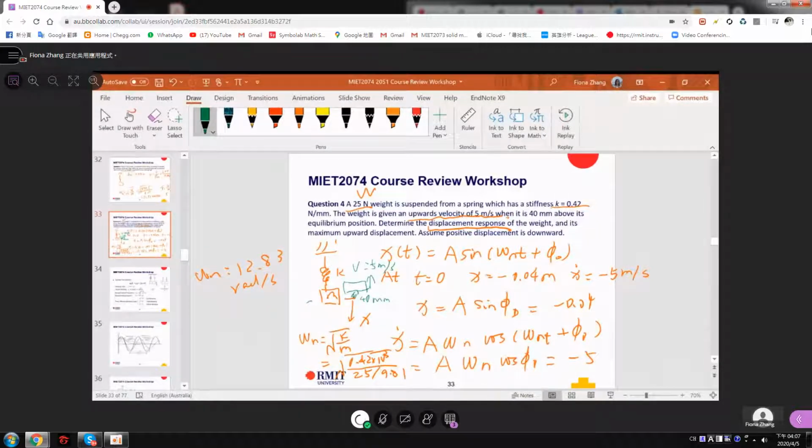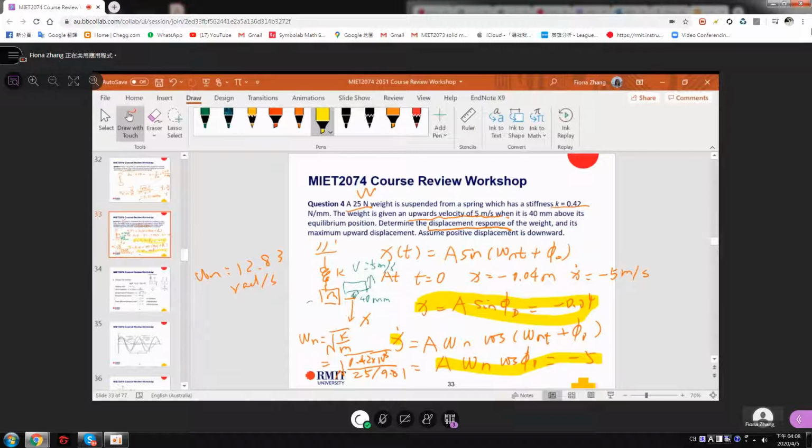After you derive this, what do we have? Here you have two equations.